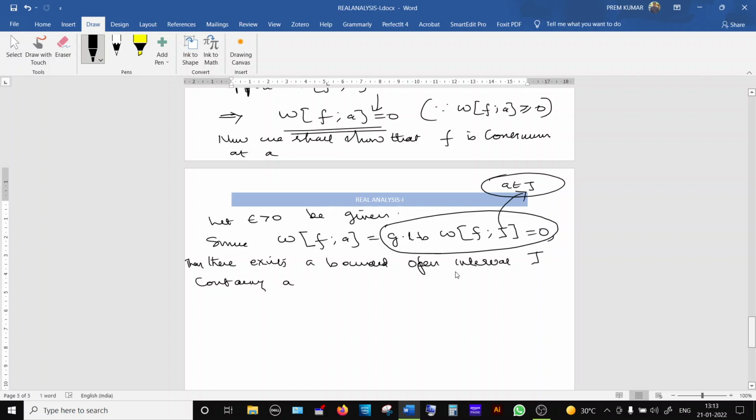So that's why this is possible. That is, a bounded open interval J containing a such that the oscillation of f over J is equal to 0, and 0 is definitely less than epsilon.